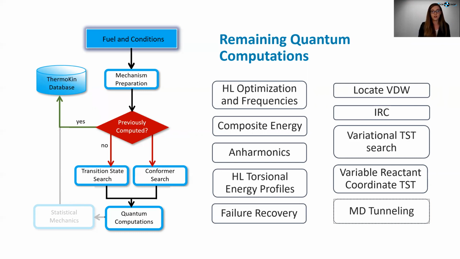And if the dividing surface is more difficult to locate, we might do some calculations near the transition state in order to be able to perform variational transition state calculations in the statistical mechanics block.